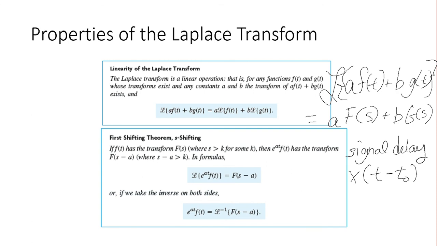We take the Laplace transform of this function, and the shifting theorem tells us that the transform of x of t would be capital X of s, and we can simply multiply this transform function X of s by e to the negative s t naught, and now we've accounted for that time delay.